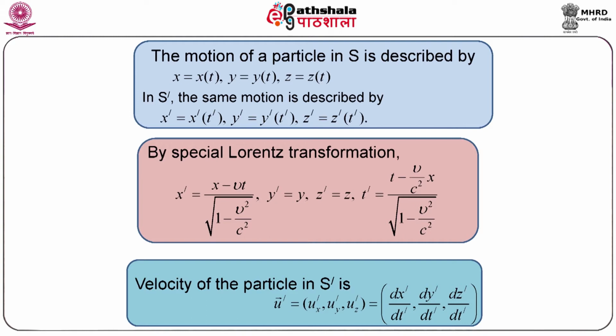Similarly, u dash y is d/dt dash operated on y dash. u dash z is given by d/dt dash operated on z dash. Here d/dt dash is the ordinary derivative. t dash is the time in frame S dash. x dash, y dash, z dash are the coordinates in frame S dash.